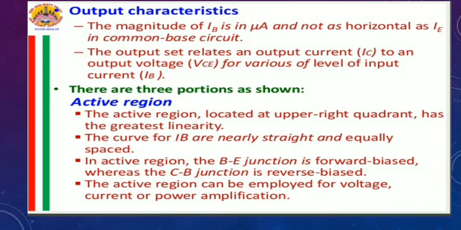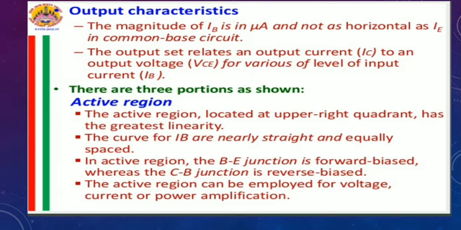The curves for base current are linearly straight and equally spaced. So linearly straight means what? When you increase the input, the output also increases sharply. That is that linear straight line.